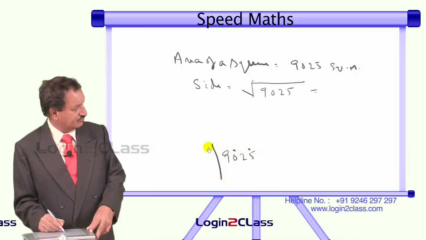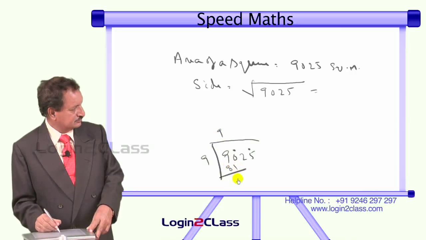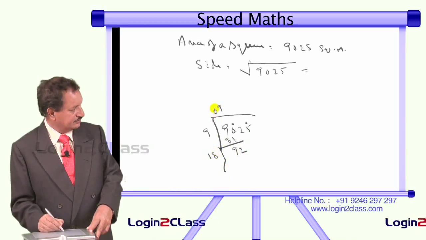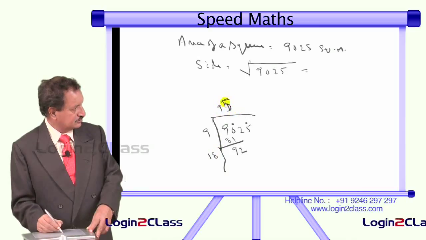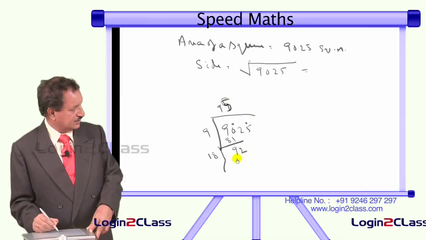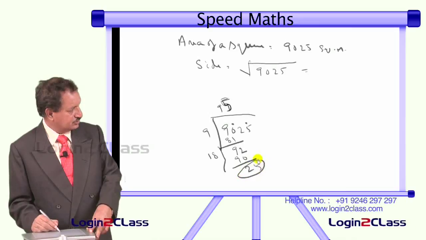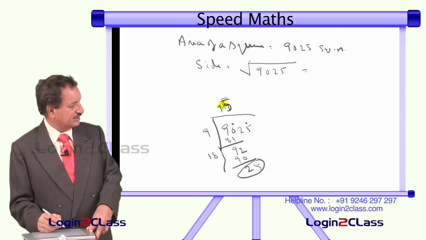How will you find the square root of 9025? You leave the traditional method. How easily we can find this? So put a dot here, 9 nines are 81, 10 minus 1 is 9, only get down one digit, that is 2. You multiply this 9 by 2 is 18, 18 nines, sorry, 18 fives, 92, and last digit 5, and so the answer is 95, and it is confirmed because the remainder is the square of the last digit, that is 5, 5 5s are 25.